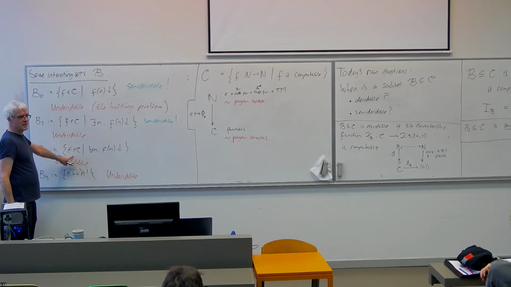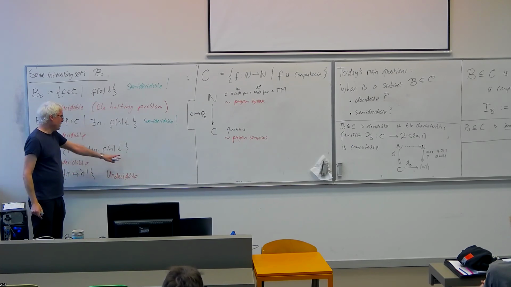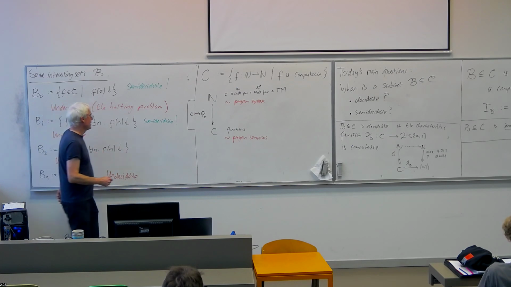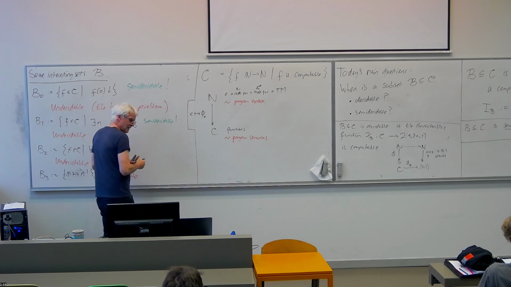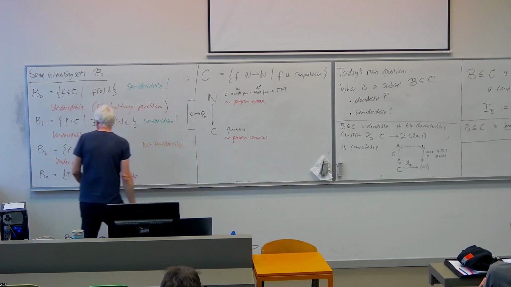What about this one? Is this semi-decidable? It's not, because now we need to test it on all numbers. I think we might have seen a few weeks ago an argument that this was not semi-decidable. So this is not semi-decidable. Let's put that in orange. And what about this one?